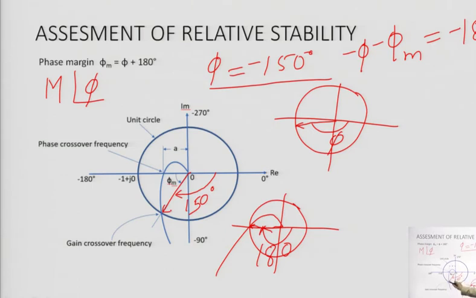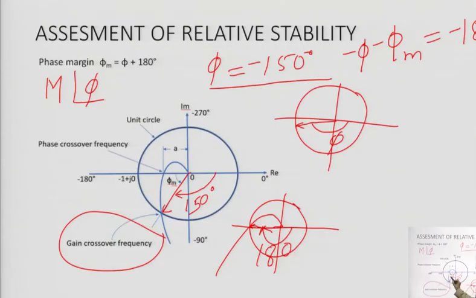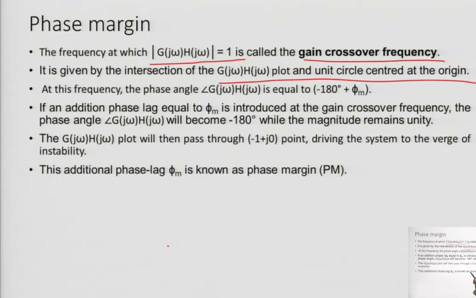This polar plot is crossing the unit radius circle at this point, and the frequency when the magnitude of g j omega h j omega is 1 is known as the gain crossover frequency. It is given by the intersection of the g j omega plot and the unit radius circle centered at origin.